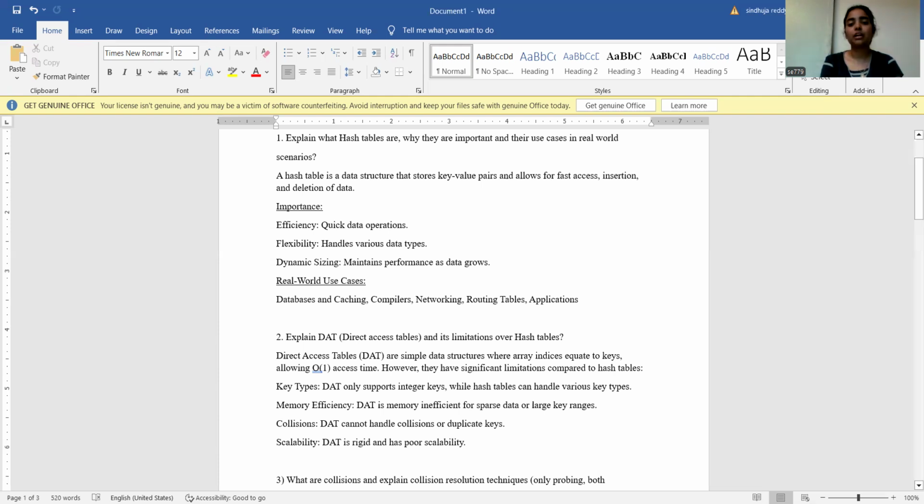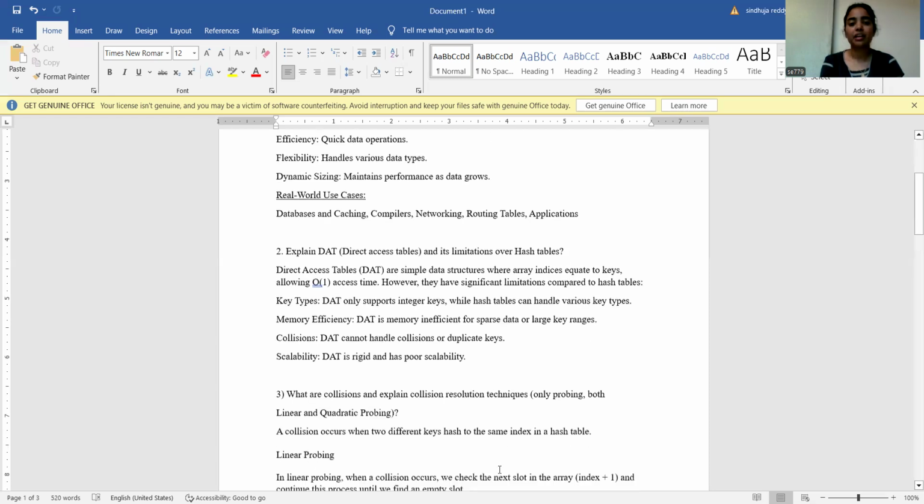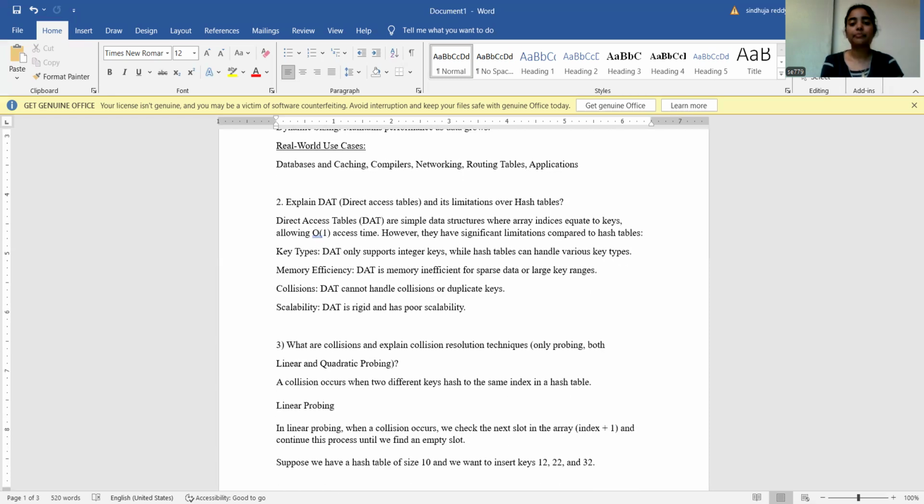For the second question, they asked to explain DAT and its limitations compared to hash tables. DAT, a direct access table, is a simple data structure where the indices of the array are equal to the keys, which allows O(1) access time.